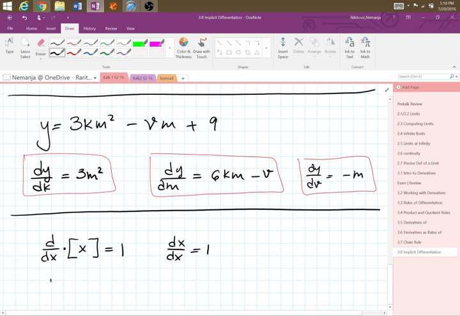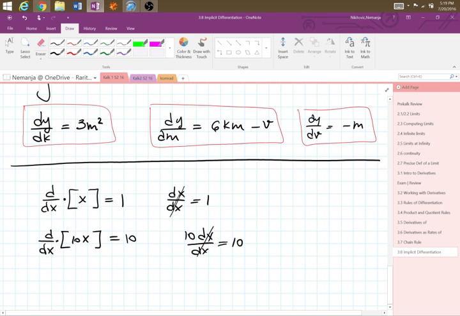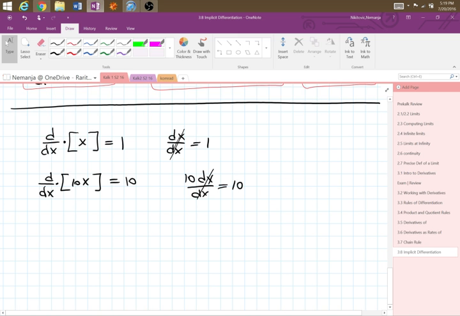If you are taking the derivative of 10x, then you are going to have 10. Why? Again, if you multiply using the simplest algebra, you will have 10 dx divided by dx. These guys cancel, and you get the 10. So that's something that we also should know.